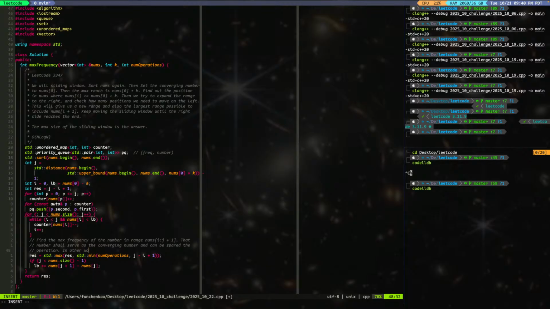In other words, we can use the operation on the other numbers, thus boosting the total frequency.